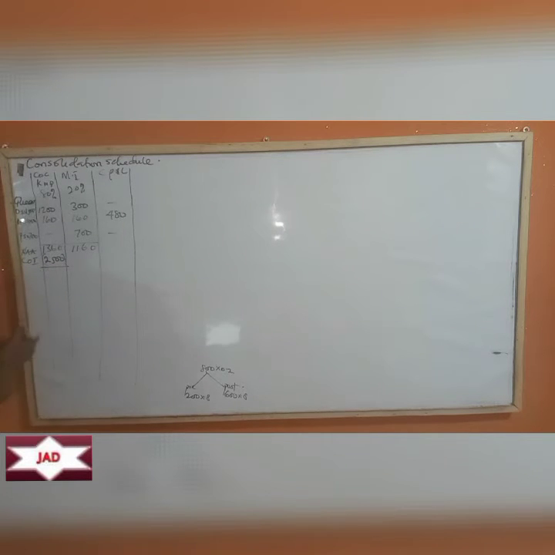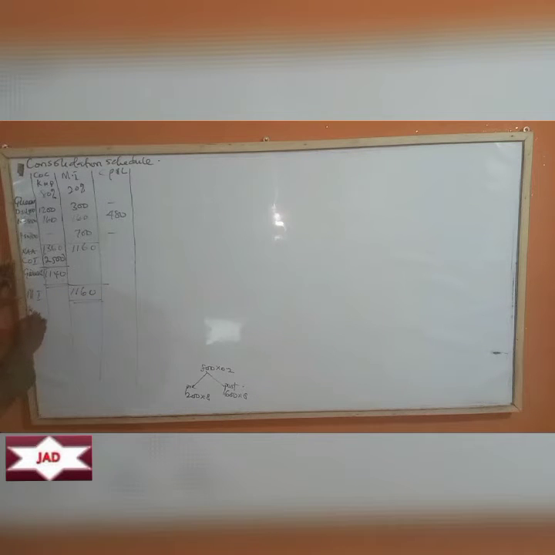So what do we have? 2,500 minus 1,360, 1,140. So this is your goodwill, debit balance goodwill. So this guy here, 1,160, is your minority interest.